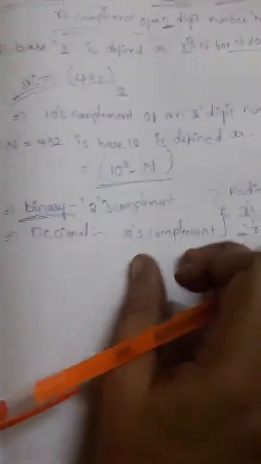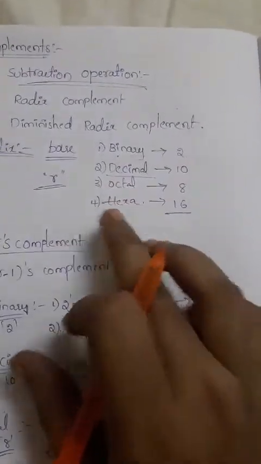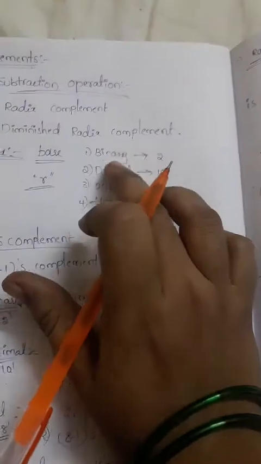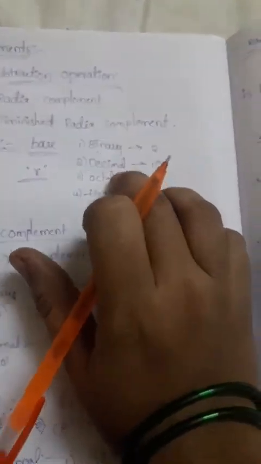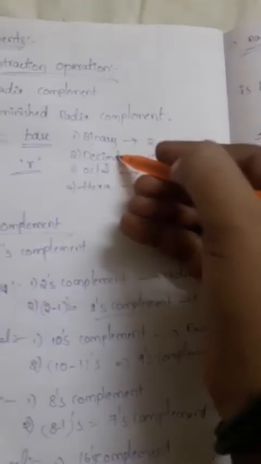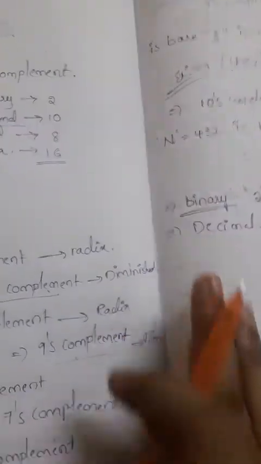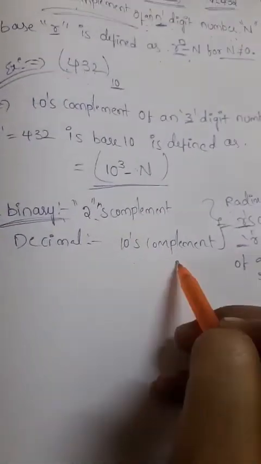In the syllabus we have only binary and decimal explanations for radix and diminished radix complement, so there is no need to explain octal and hexadecimal. The same procedure is repeated in octal and hexadecimal, but in the syllabus we have only binary and decimal. We will learn those two only. First we define binary, after that we go for decimal. Here we find the 2's complement and the 10's complement.